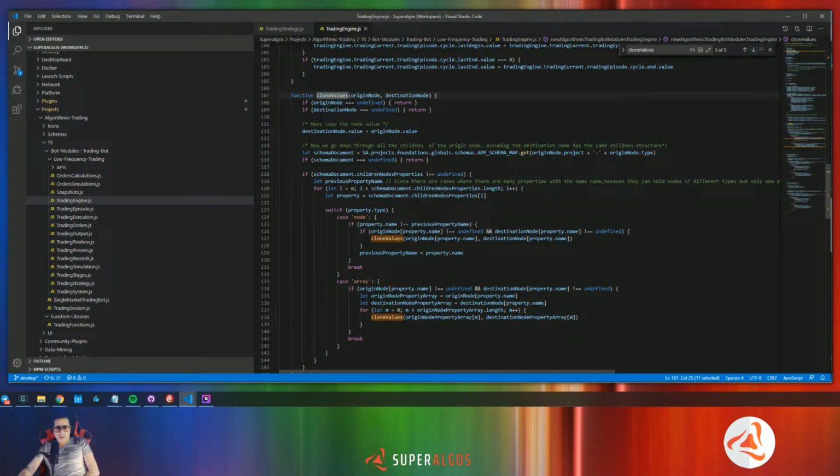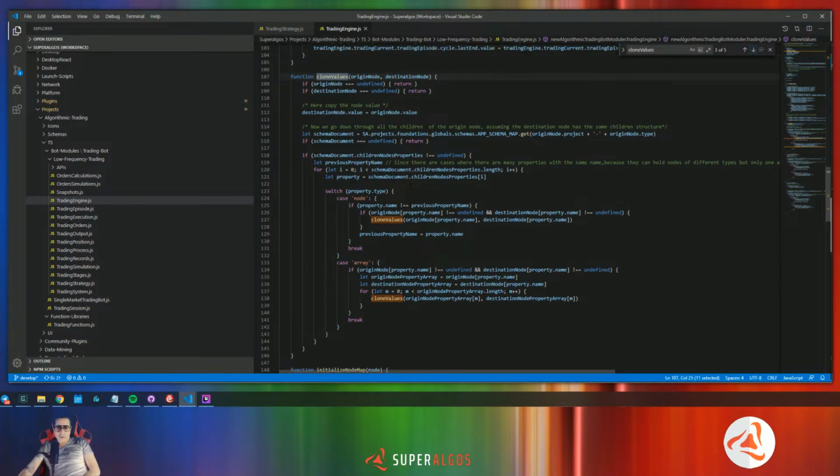Origin node, destination node. Here, okay, so this is a recursive function to all the children of the origin node.